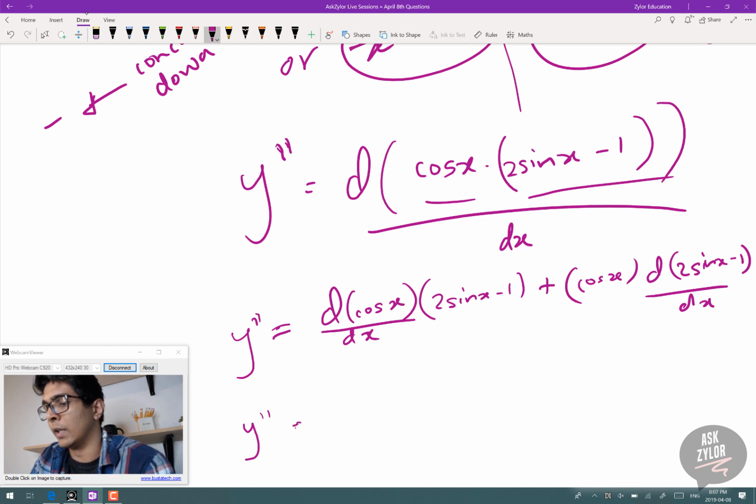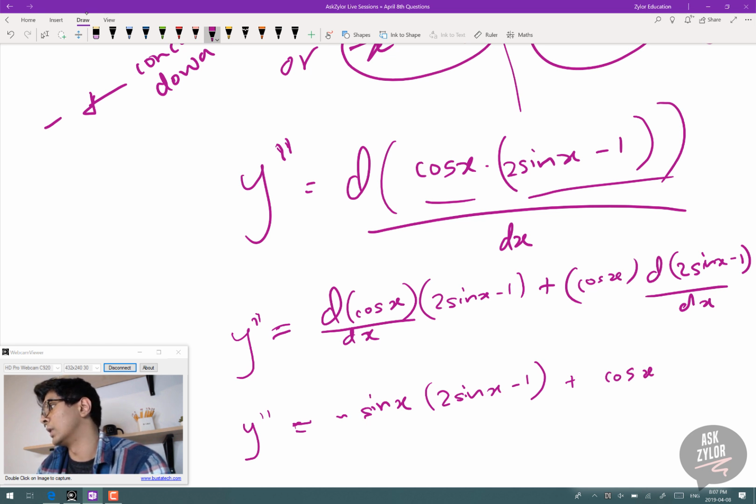So let's go ahead and evaluate this. My second derivative, the derivative of cos x, is going to be negative sine x. And then I'm just multiplying by 2 sine x minus 1, plus cos x, and the derivative of 2 sine x is just going to be 2 cos x.